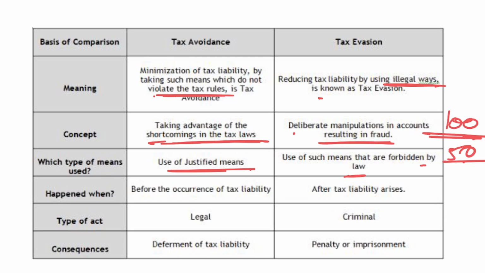Avoidance happens before the occurrence of tax liability. You have earned the income, and you spend it on municipal bonds or government securities, G-Secs, or treasury bills. It is before the tax liability arises that you invest the money, so automatically your income reduces to 70 or whatever it is, and then on this you pay the tax. In case of evasion, it is after the tax liability arises.